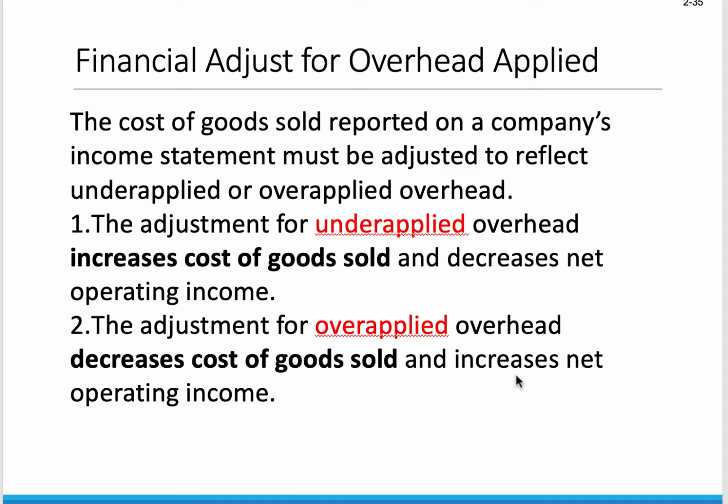We go to our cost of goods sold, which is on our income statement, and we adjust them there. So forget period costs. They're all manufacturing costs. We're just going from manufacturing costs for manufacturing purposes to product costs for financial statement purposes.